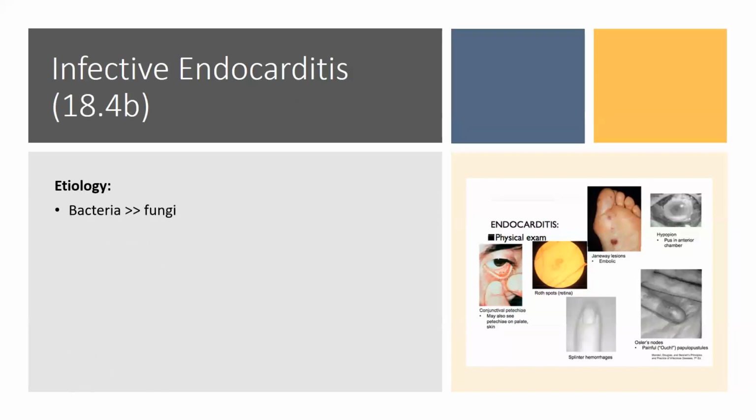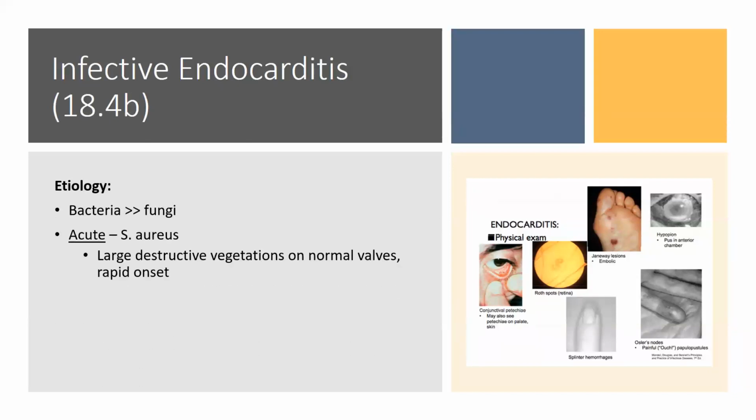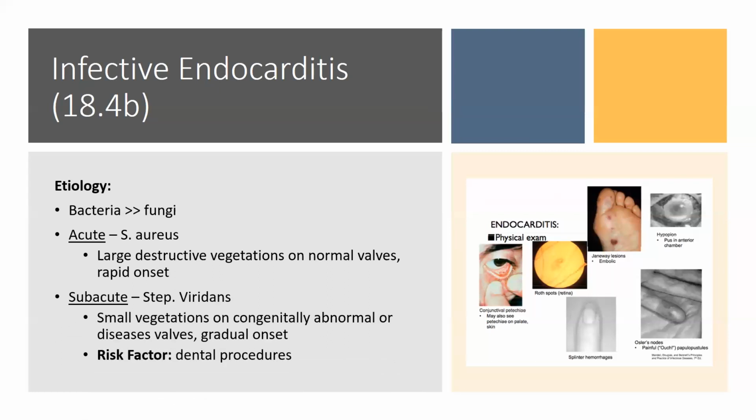So, some etiologies. Bacteria are much more common than fungi, and I have some bacteria that we want to pay attention to here in a moment. For acute infective endocarditis, Staph aureus is going to be one of your biggest etiologies. It causes large destructive vegetations on normal valves and has a rapid onset.